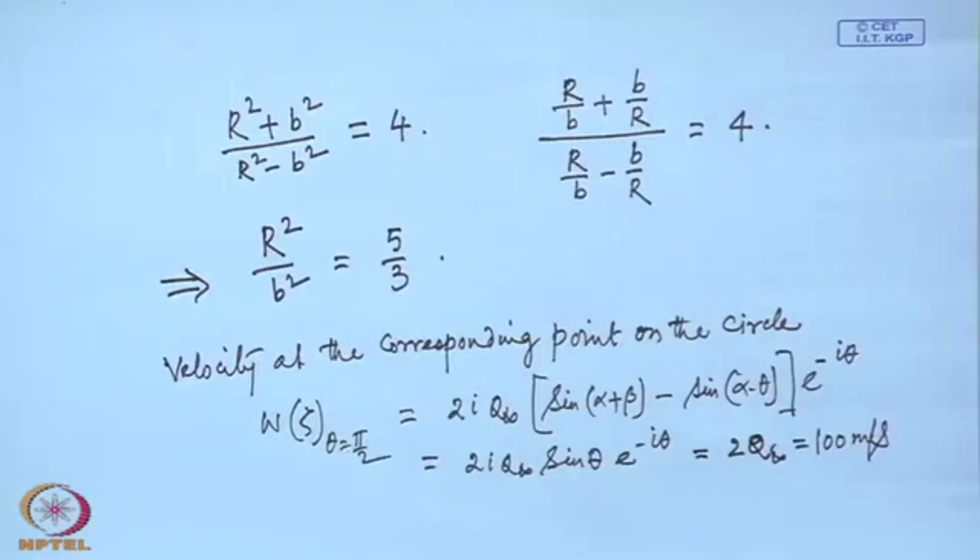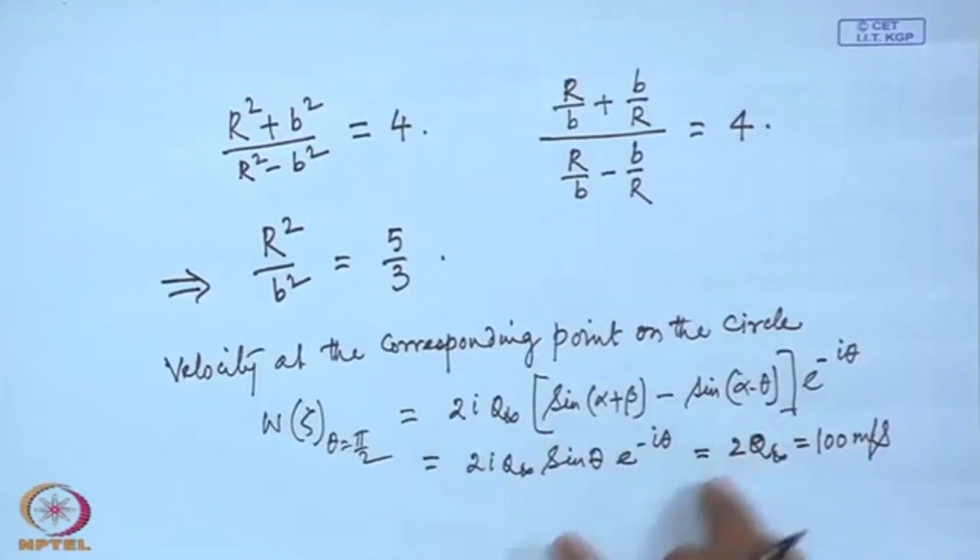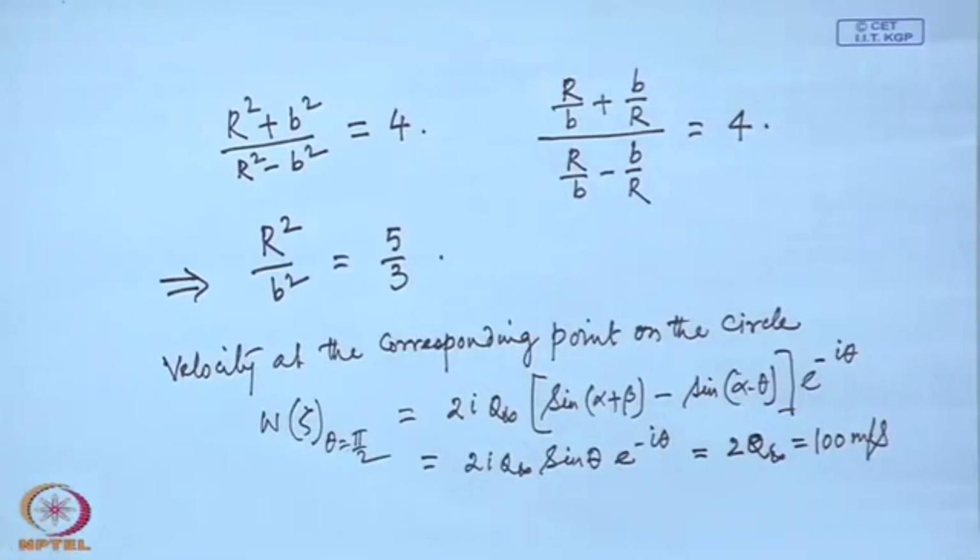This also comes directly from the velocity formula for the circle that we did earlier. So, if you remember, you can directly use it instead of writing this expression. Now, what is the velocity on the ellipse?